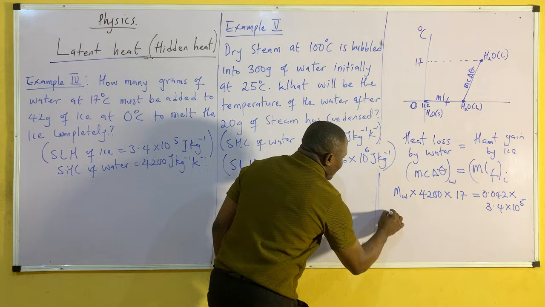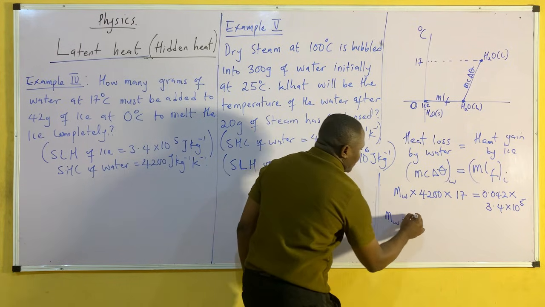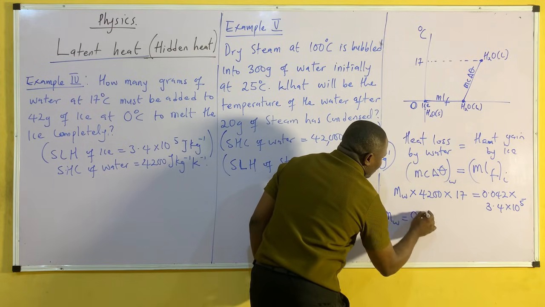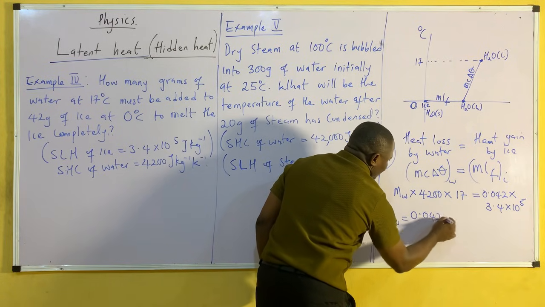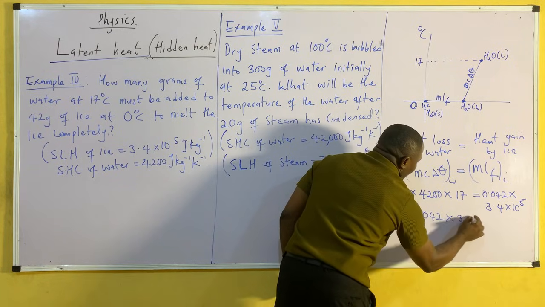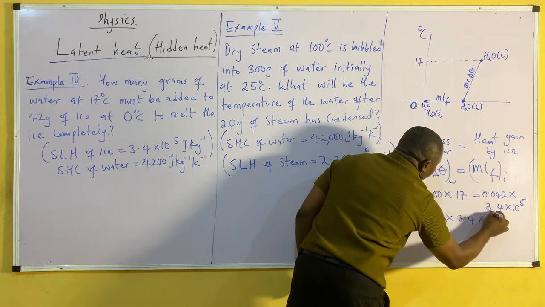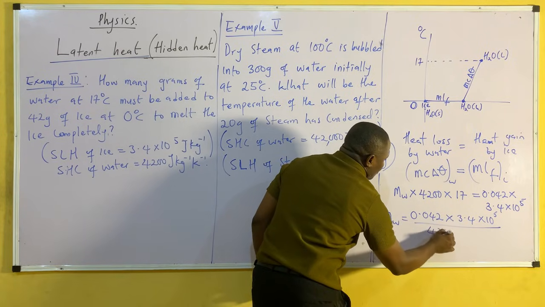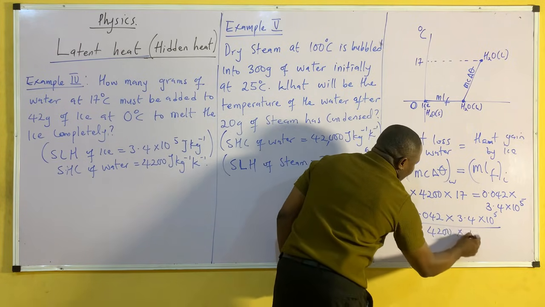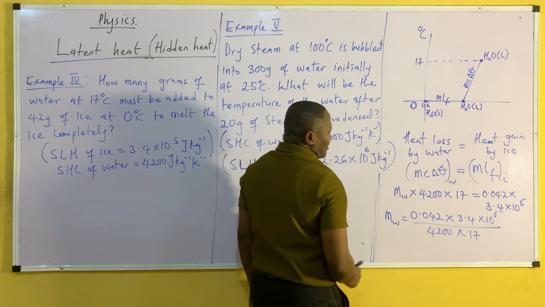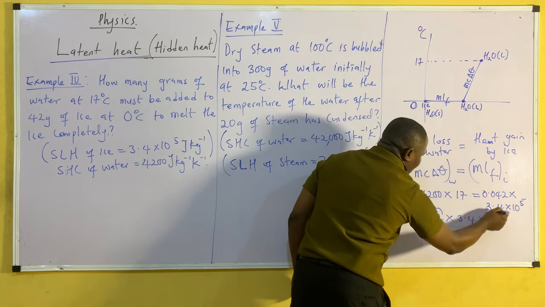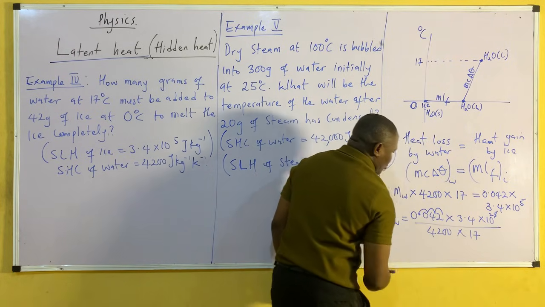So what is now the mass of water? Mass of water will be 0.042 times 3.4 times 10 raised to power 5, all over 4200 times 17. Now this can be very easy for us. 1, 2, 3 cancels here, you have it as 2.